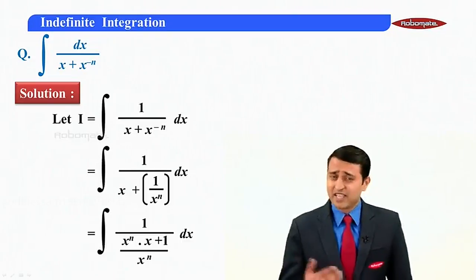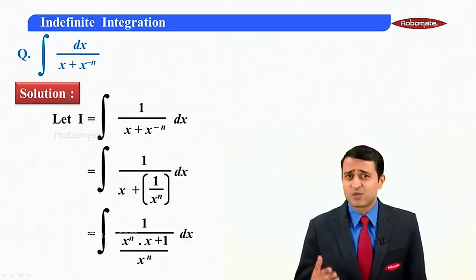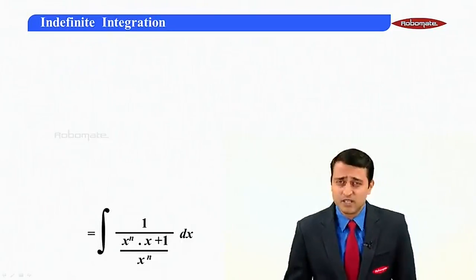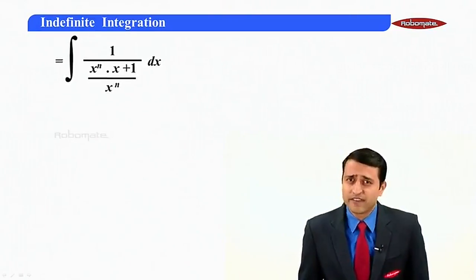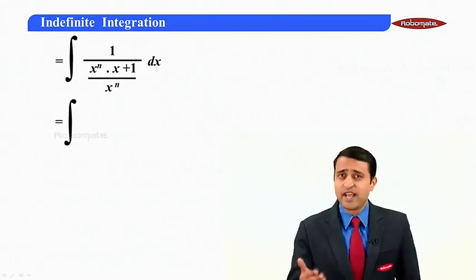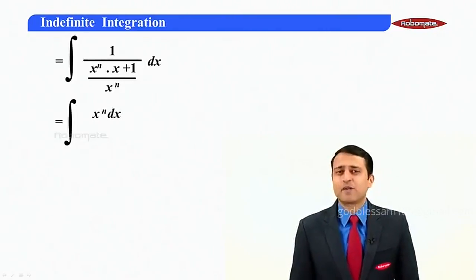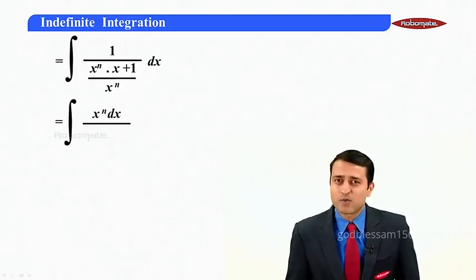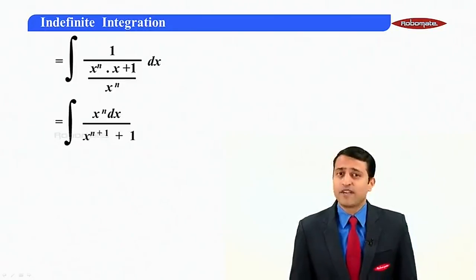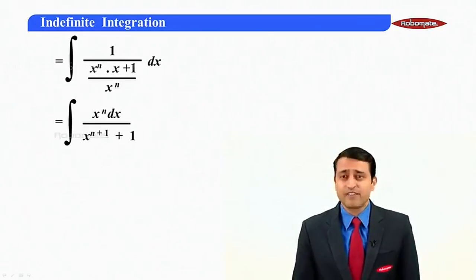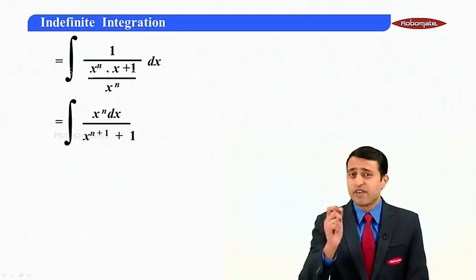Fine. In the next step, can I say that x raised to n can come in the numerator? So let me just copy the last step for our reference. Now, to rewrite, can we write x raised to n dx in the numerator, and the denominator will be written as x raised to n plus 1 by law of indices. Fair enough? Now students, you need to observe a very important point.